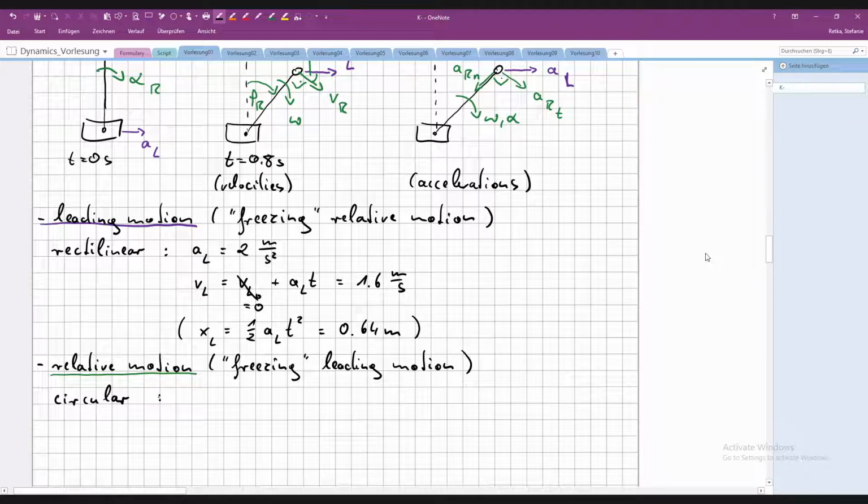Alpha is given with 3 per square second. We can compute omega, the angular velocity from there. Again, there's no initial velocity, so the first term cancels. And then we have 3 times 0.8, which is 2.4 per second.